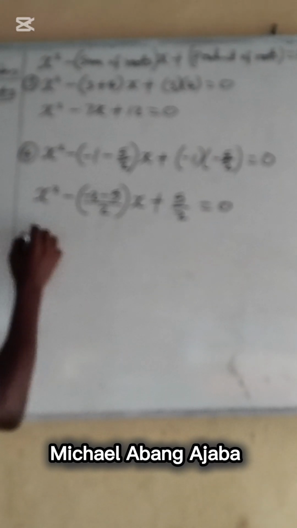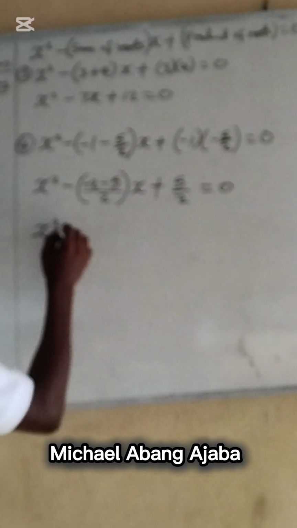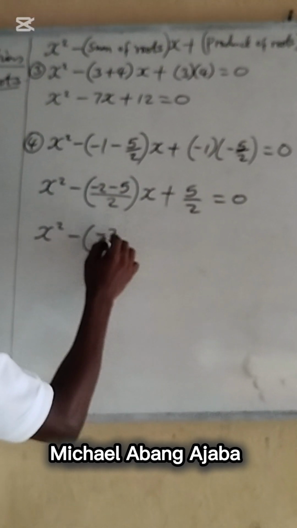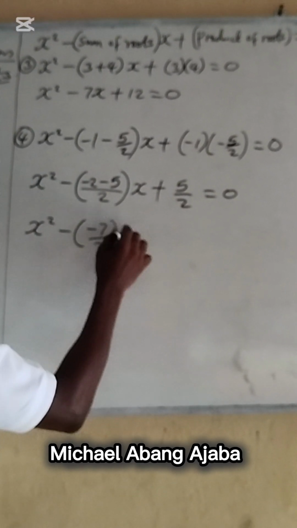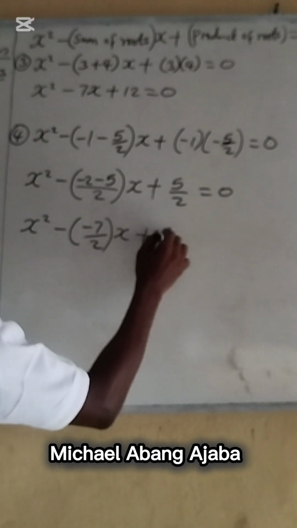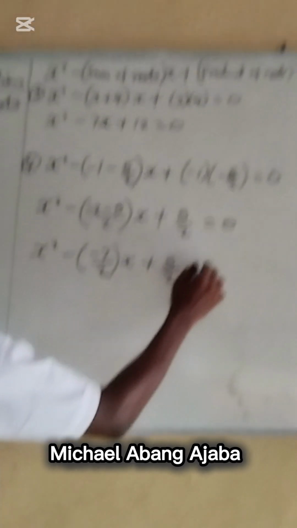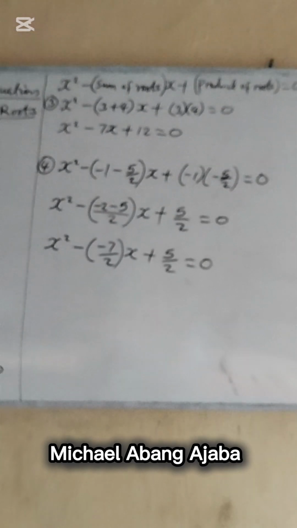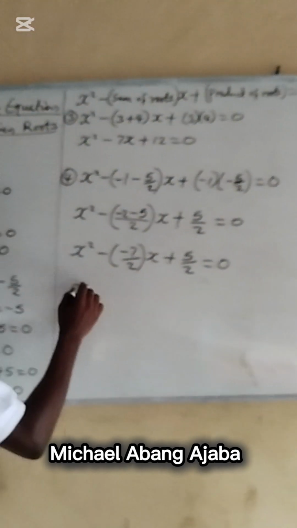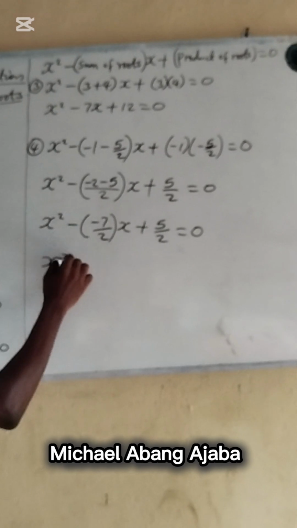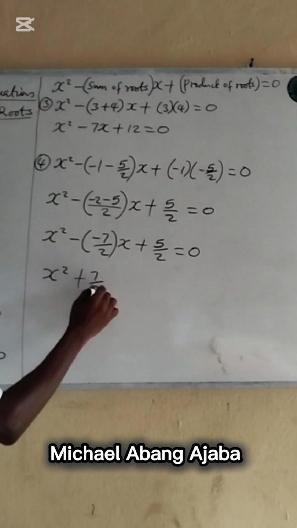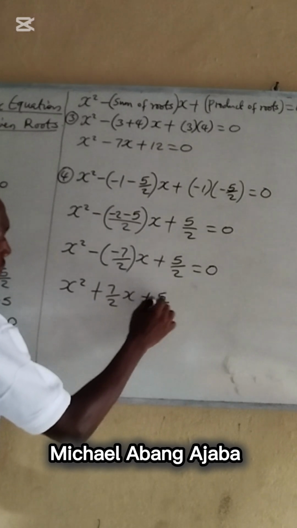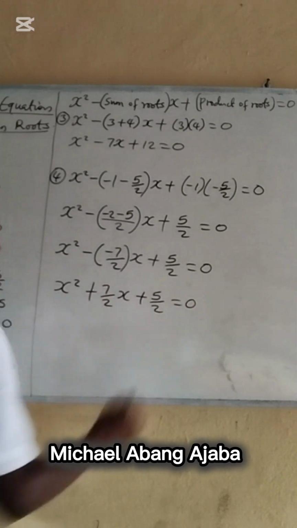Simplify this further, we have x squared minus 2 minus 5, minus 7 over 2 x plus 5 over 2 equal to 0. Okay, from here, let's open this bracket. We have x squared plus 7 over 2 x plus 5 over 2 equal to 0.